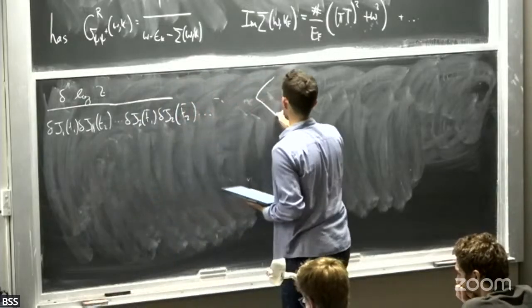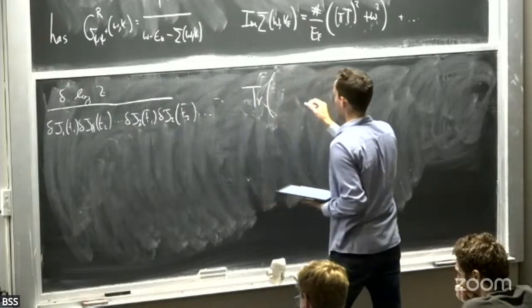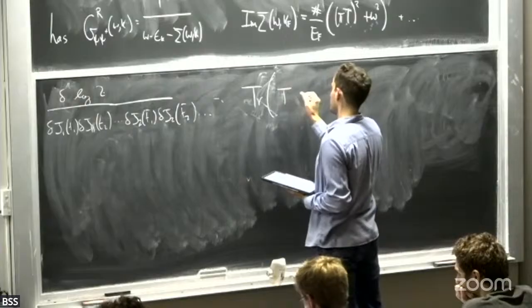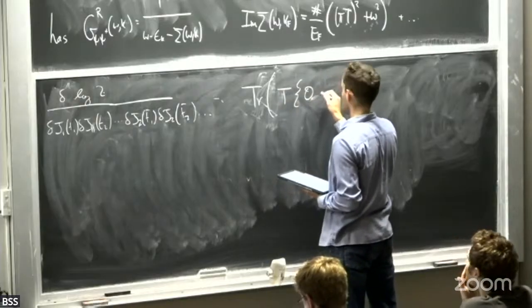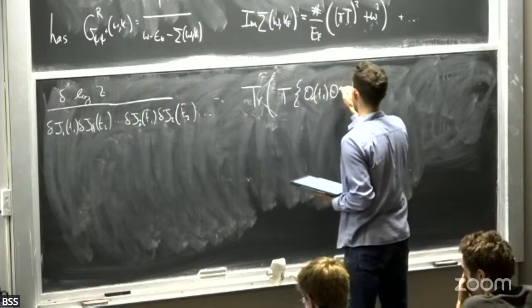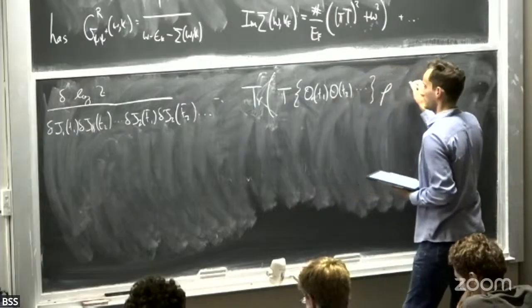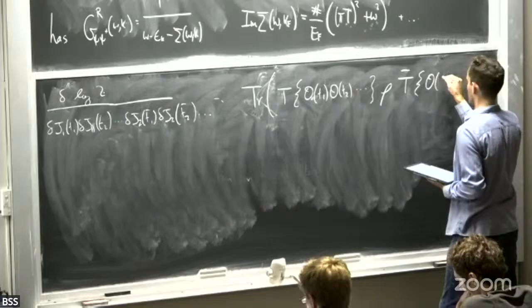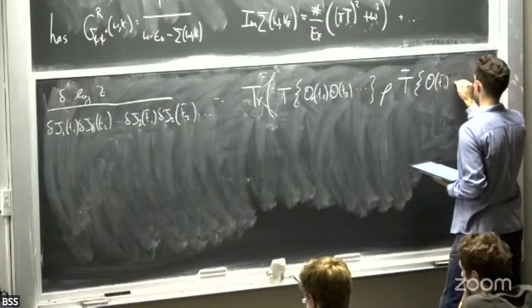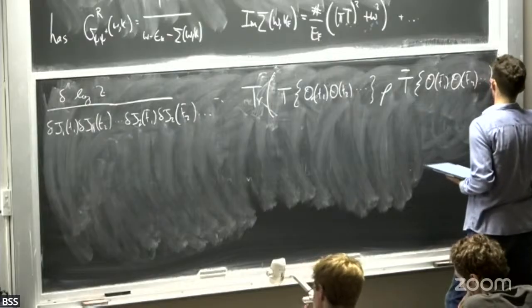Okay, and what this will do is that it will pull down operators in a way that's time ordered on the left and anti-time ordered on the right. Okay, so it's a set of real-time correlation functions that we can generate with this contour.